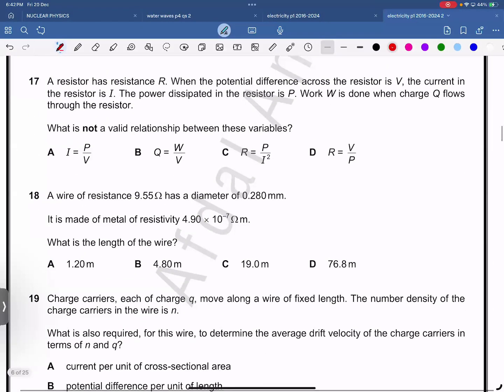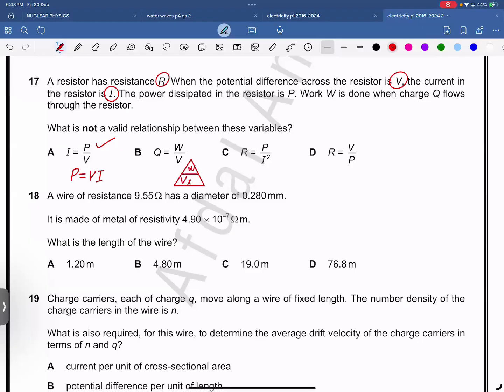Question number 17. A resistor has a resistance R. When potential difference applied across it is V, voltage V, resistance R, current is I. Which formula is not a valid relationship? Let's check. First says P is equals to VI, right? It is valid. Then Q is actually the work done. You know the equation that the voltage is what?